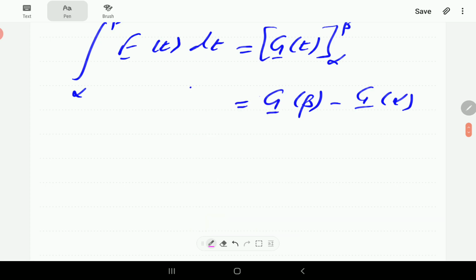Again, this is the same idea as we've seen with scalar functions, and this now is the definite integral.